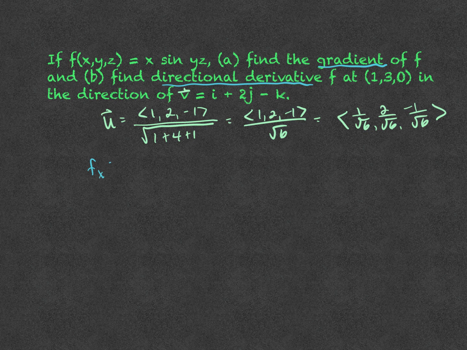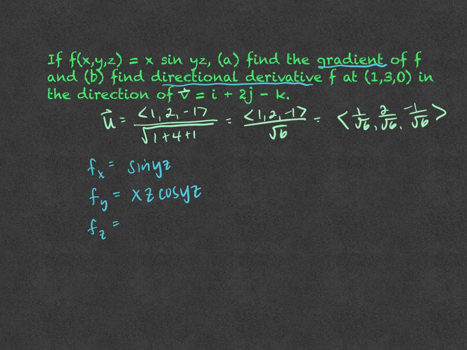So the partial with respect to x is, we take the derivative of x to be 1, so we just have sine yz. Our partial with respect to y, we're going to keep the x because it's a constant. And the derivative of sine is cosine of yz. And the derivative of yz is z when you're looking with respect to y.